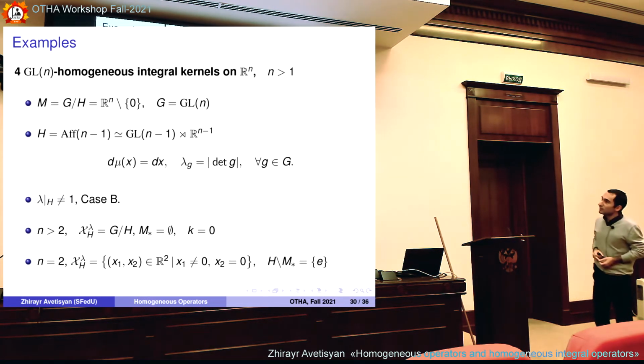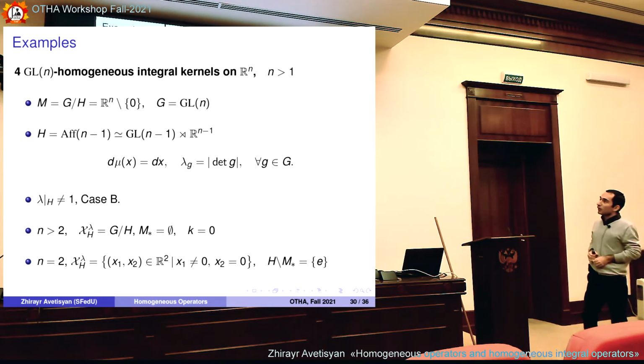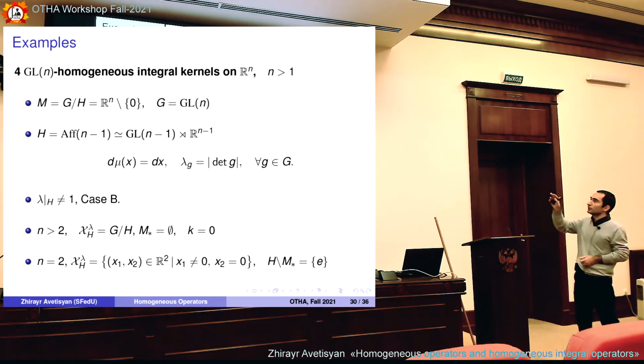Now, let me give you an example which probably you haven't thought about. And this is a case B situation where you can't rely on convolutions. Namely, let's take R^n and let's consider as the group of dilations the full general linear group. So my M is R^n with the origin removed, the punctured plane, and my G is the full general linear group.